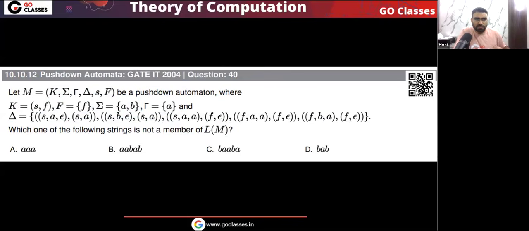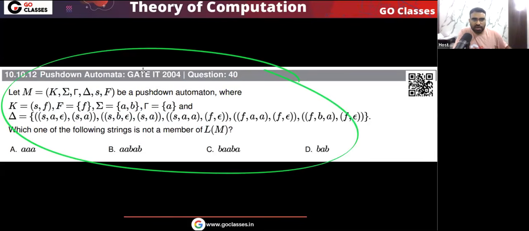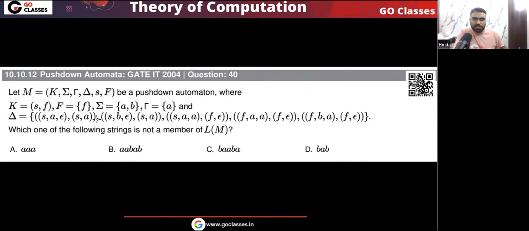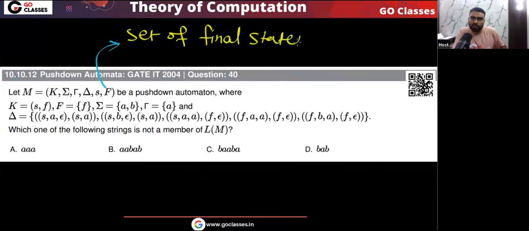Okay, few things I want to ask you. First of all, you tell me, is this PDA a final state acceptance PDA or an empty state acceptance PDA? Please tell me which type of PDA this is. Does it accept by empty state or by final state? The answer will be final state acceptance PDA because the set of final states is given to you.